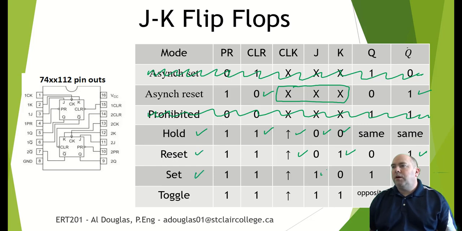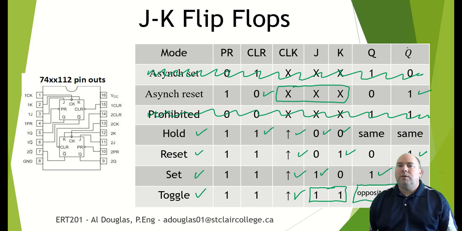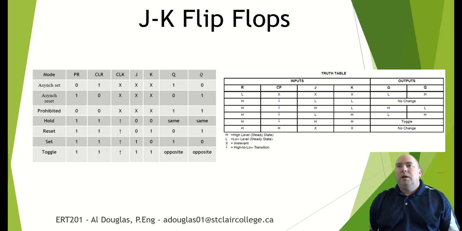J only on when we clock it will give us a Q. And then this toggle one, which is the most interesting one, if you have J and K both on and just leave them on, every time you clock it, this should change to the opposite state. Okay, so it just should flip back and forth. Alright, so we can demonstrate that one.